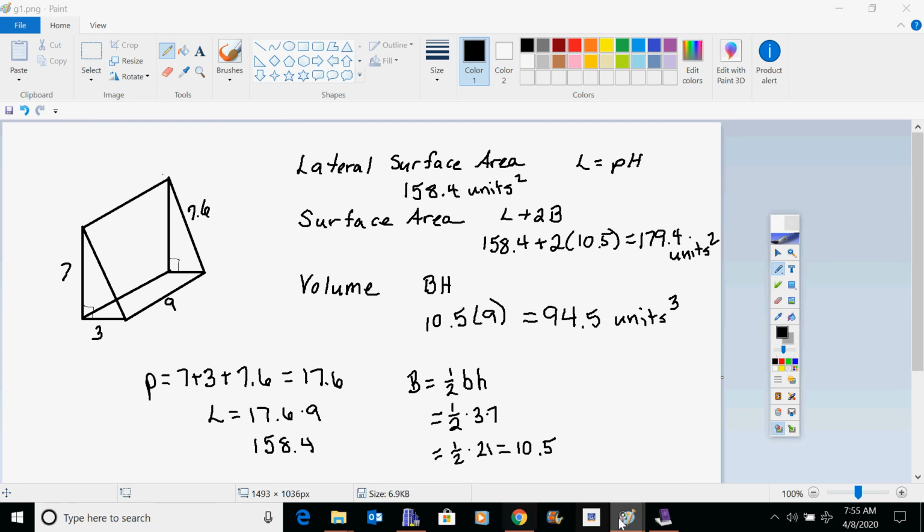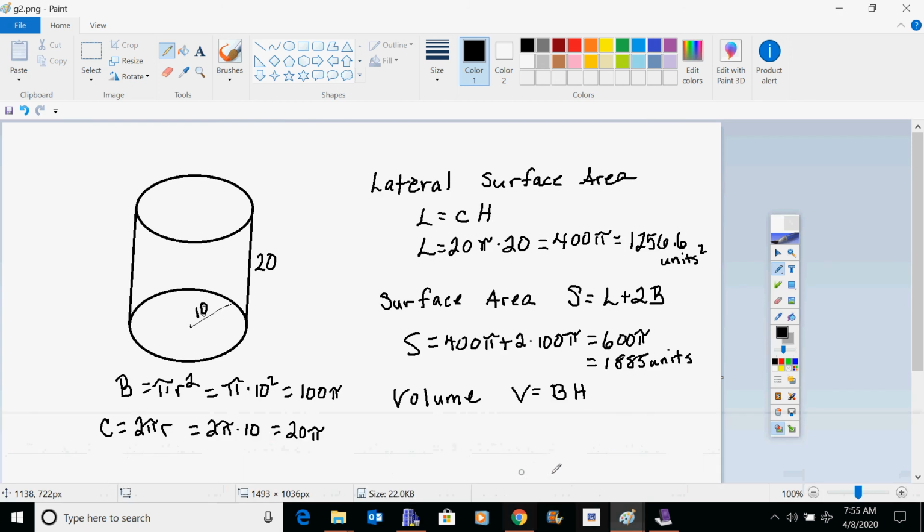We've got several of these things going. Here, volume is base times height. You see a little bit of a trend going here. It's going to be the same. So we need the area of the base, which we already found is 100 pi. And our height is 20.